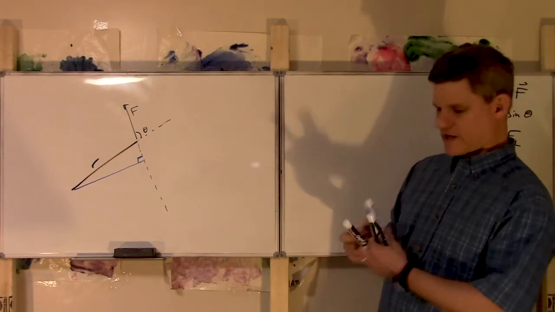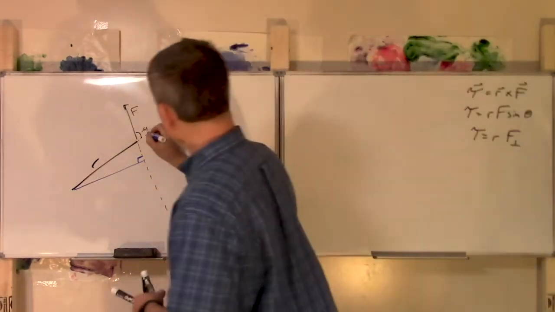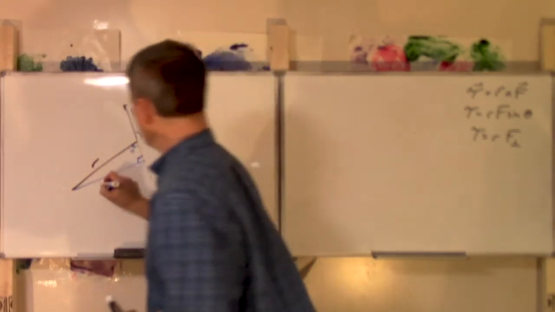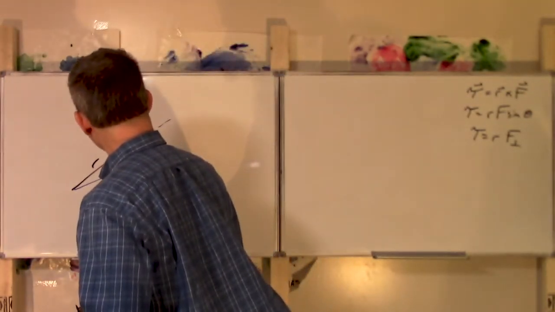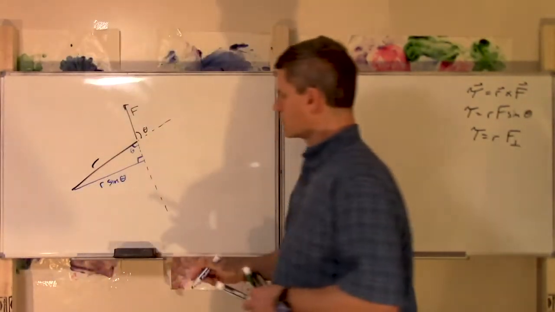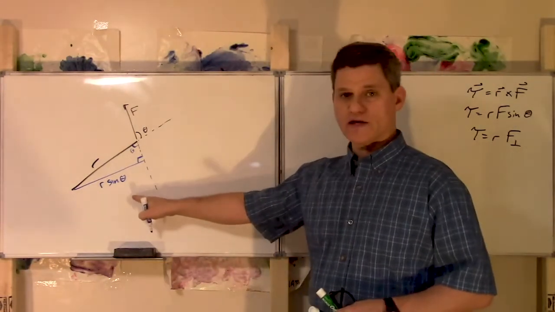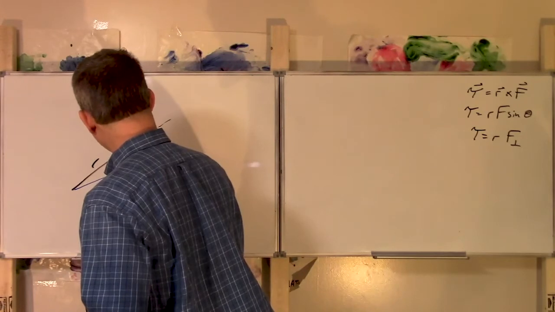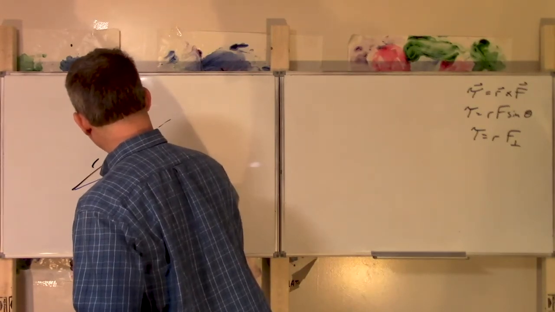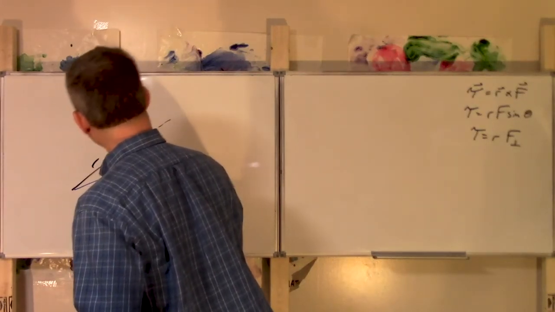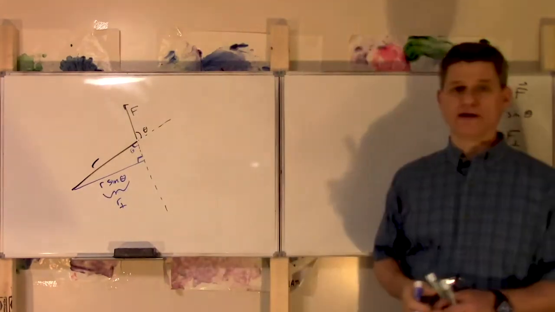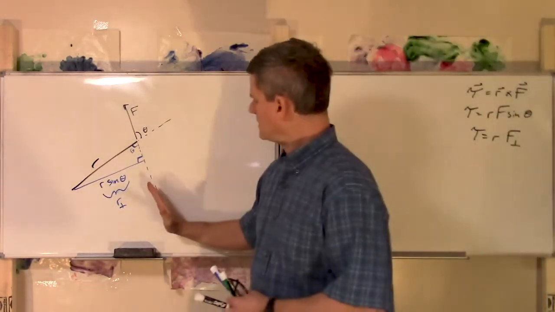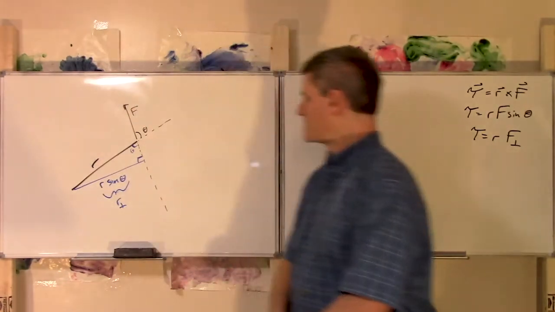Looking at the angles, we can see that this angle is the same as that angle, so this length here is R sine of theta. We call this R sine of theta R perpendicular. It is the component of R that's perpendicular to the line that goes through the vector F.